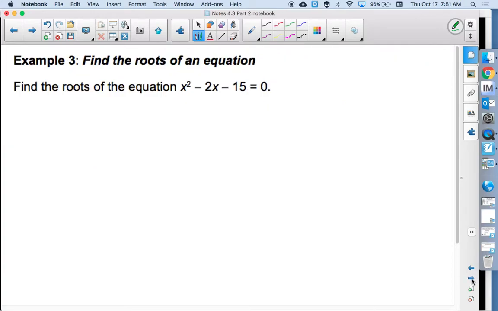So if you look, I think there's two examples. This one says find the roots, which means find the solutions. It's equal to 0. So we have x squared minus 2x minus 15 equals 0. How would you factor that? Nick, how would you factor it? X plus 3, x minus 5.